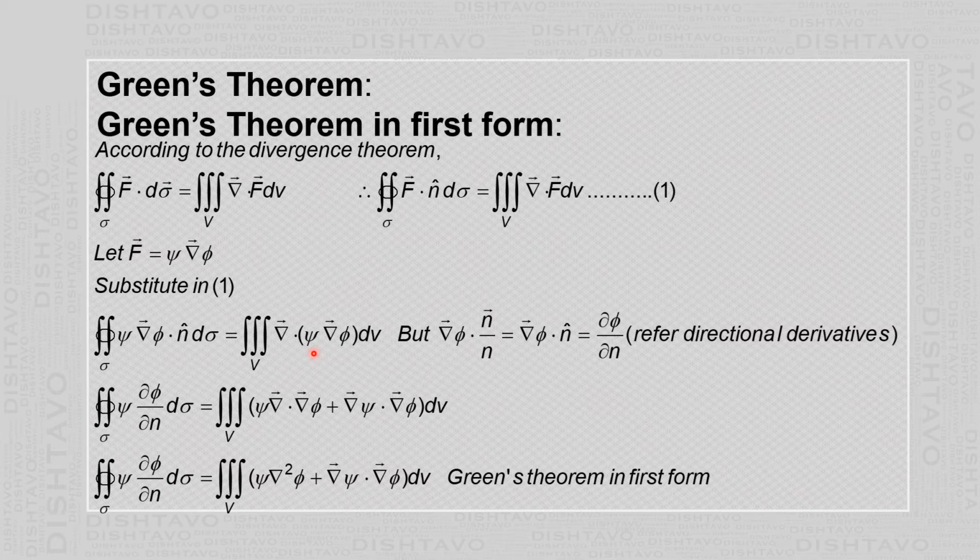So what we get here is the first function is psi, and the derivative of the second function, derivative means del dot second function, is grad of phi, plus the derivative of the first function, that is del psi dot the second function, which is grad phi. Then in the last step we replace this del dot del by del square, and what we obtain here in the last step is nothing but Green's theorem in the first form.